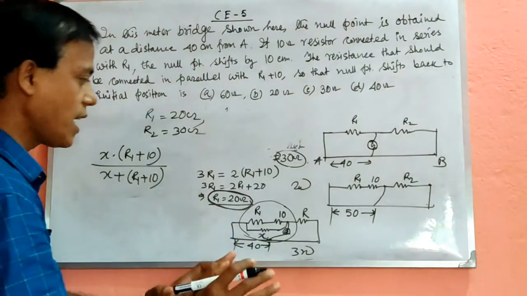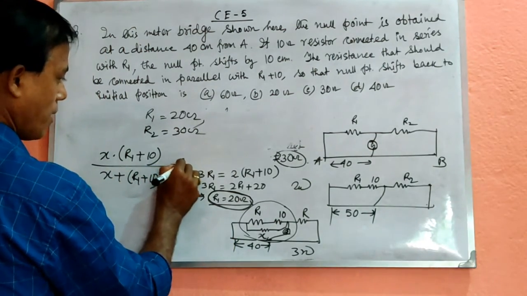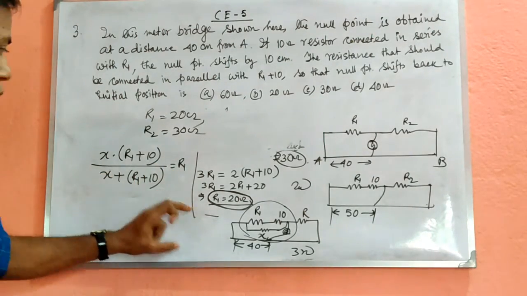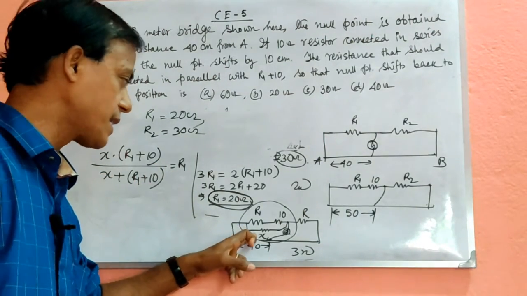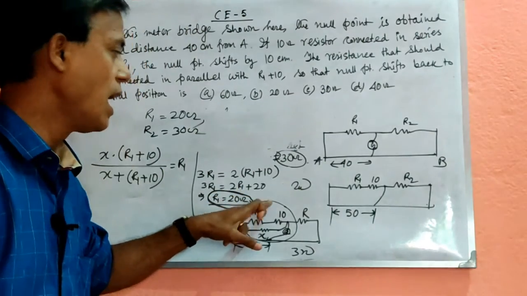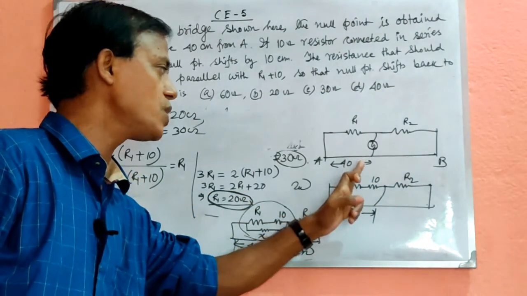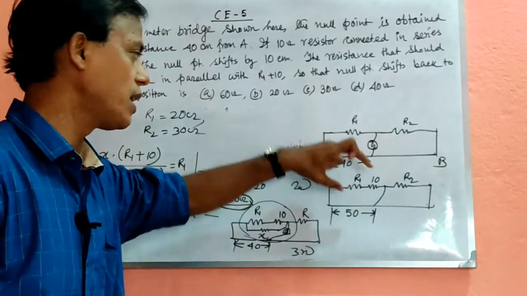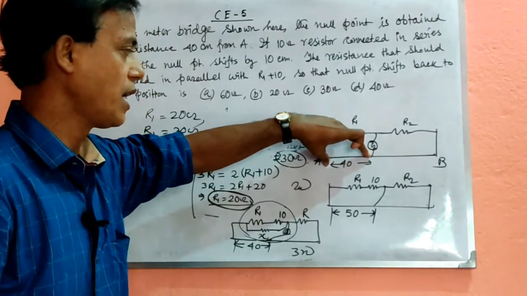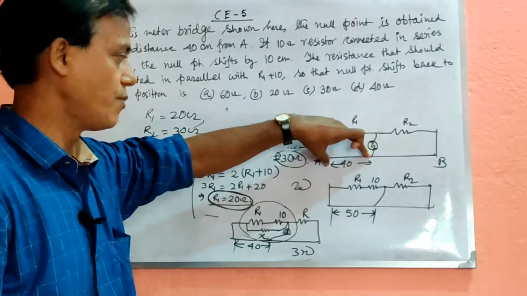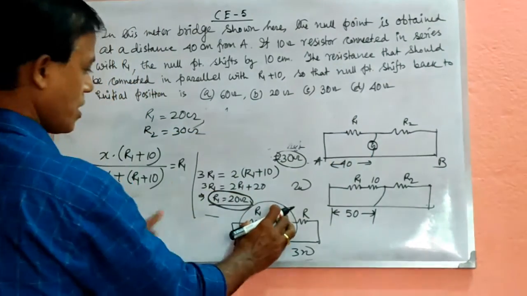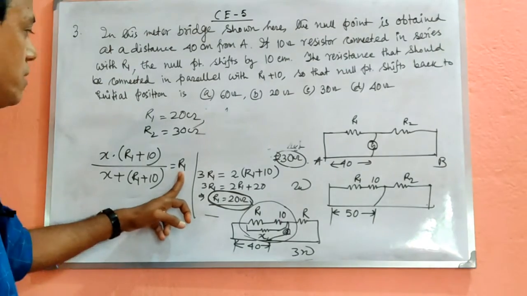This is nothing but R1, because when we put X parallel with R1 plus 10, the null point shifts back to its initial position. It is only possible when this combination becomes the value of R1.